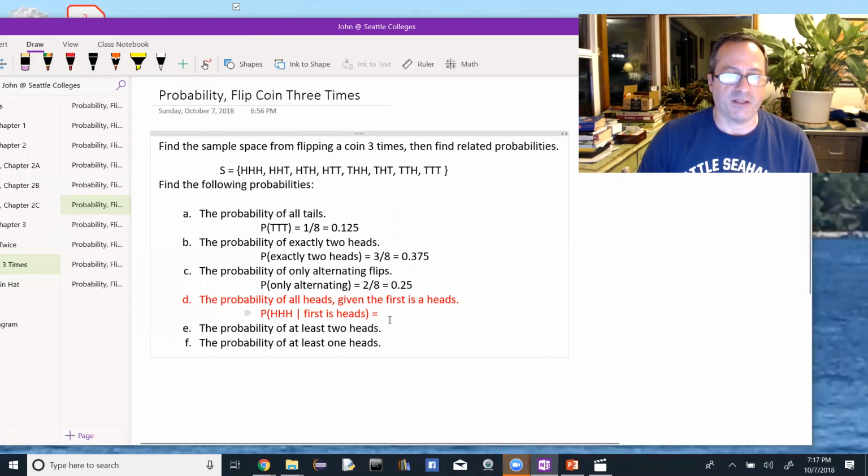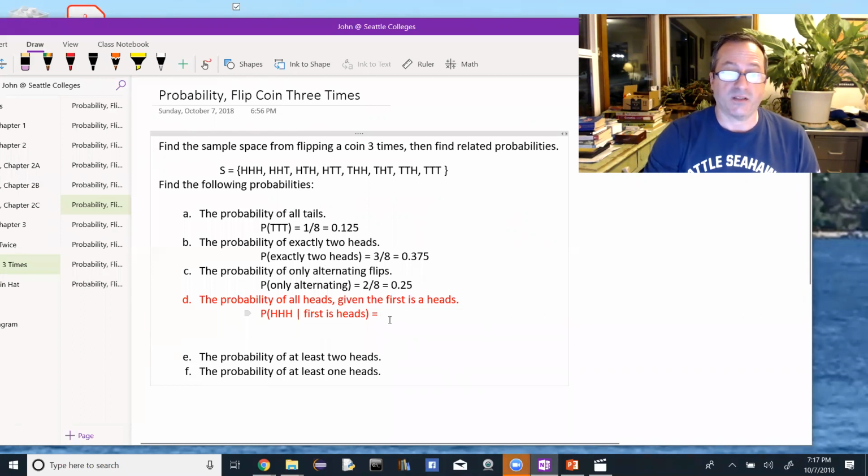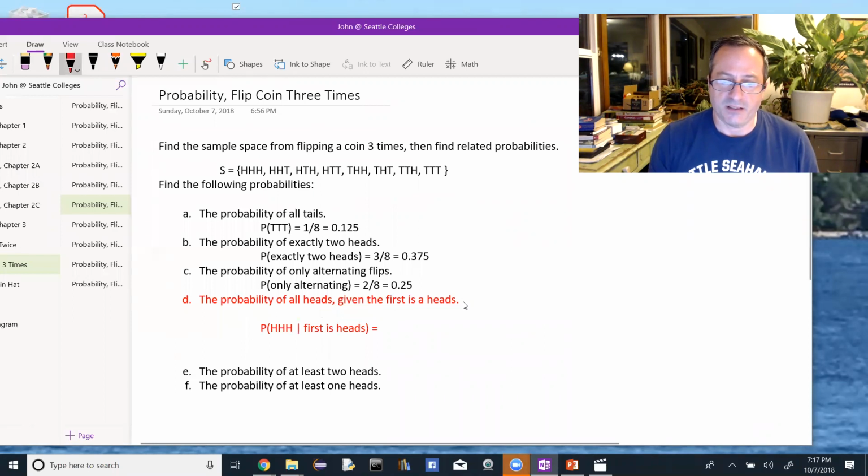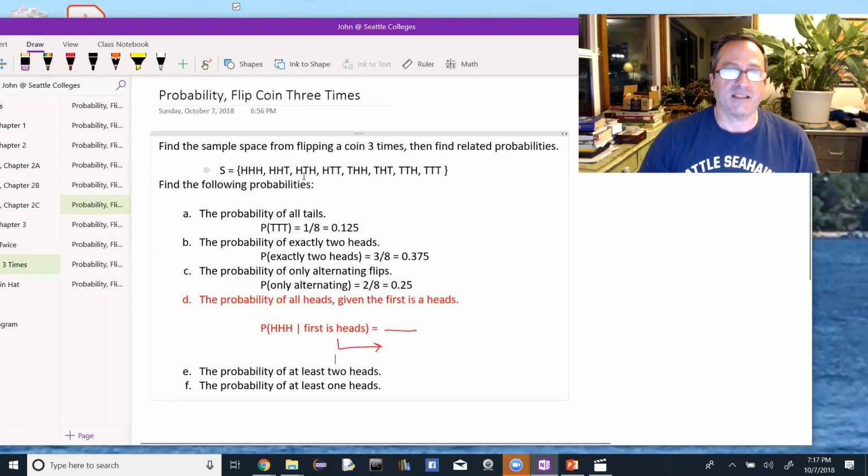Now we're looking at the probability of all heads, conditional probability, given that the first roll is a head. So again, I'm going to look at the sample space, and when I do this problem, I don't need to use a formula. I can just go to my system of figuring out how many of my options have the first roll being a heads. Well, that's these first 4.